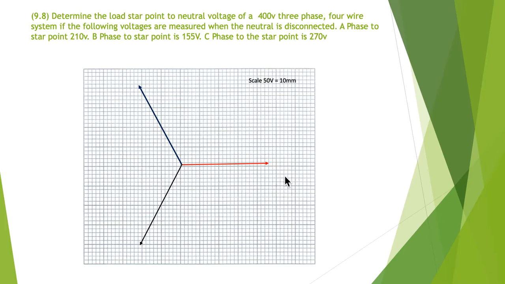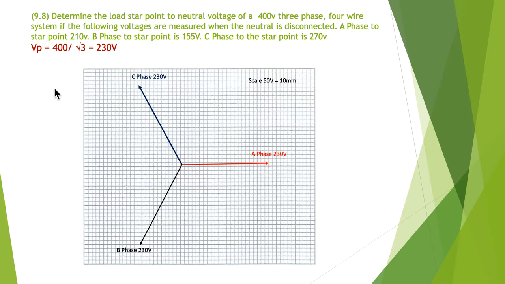Now the trick here is not to use those voltages immediately, but to draw your phasor diagram with your standard voltages. So they told us that the normal voltage is 400 volts. So you actually need to draw your phasor diagram with your phase voltage, showing the 120, even though our final phasor diagram certainly won't be 120 between each phase, but we begin with 120 degrees between each phase.